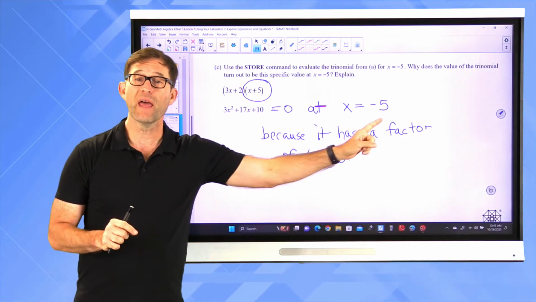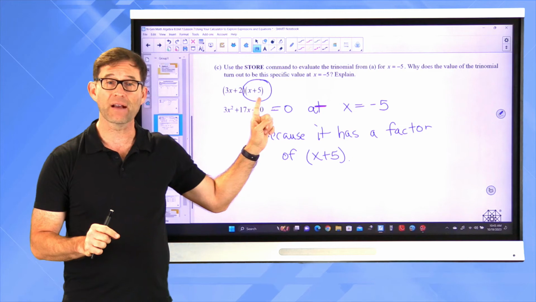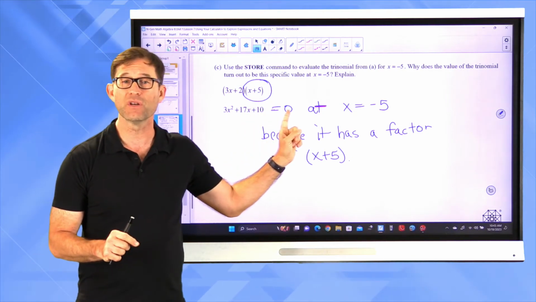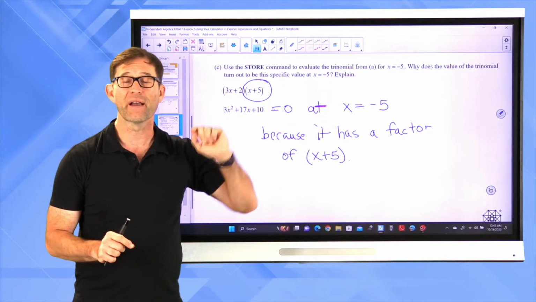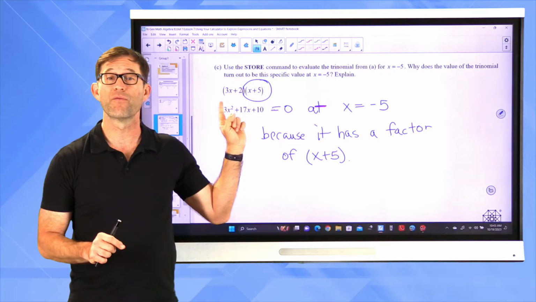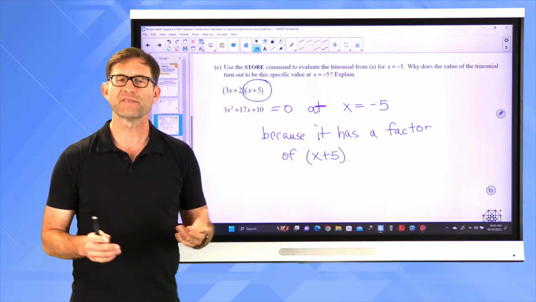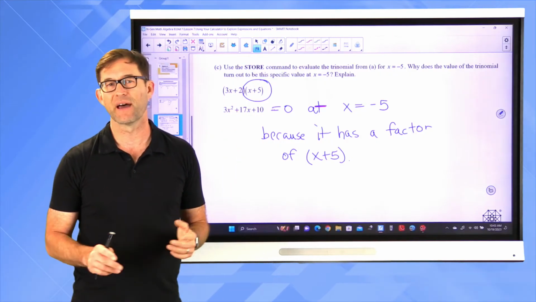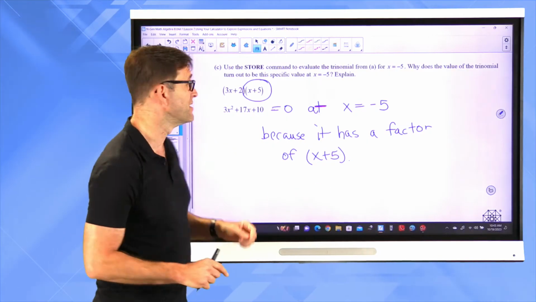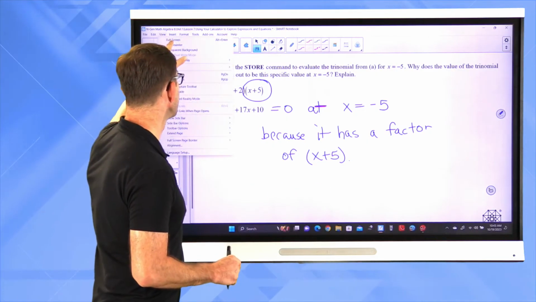So because negative 5 makes this factor equal to 0, it's going to make the entire expression equal to 0 when x is equal to negative 5. We would also have another 0 for this particular factor, but that 0 would equal negative 2/3, and that one's a little bit uglier, although with the store command, still perfectly easy to evaluate.